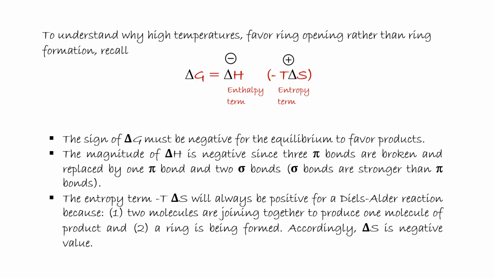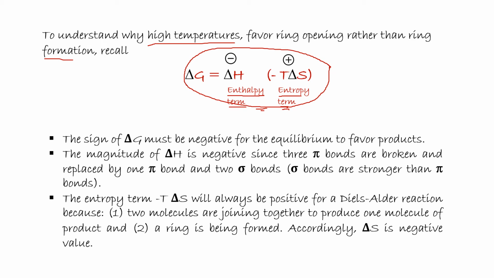To understand why high temperature favors ring opening rather than formation, recall from thermo. In organic 1, we talked about delta G equals delta H minus T delta S, where delta H is the enthalpy term and minus T delta S is the entropy term.